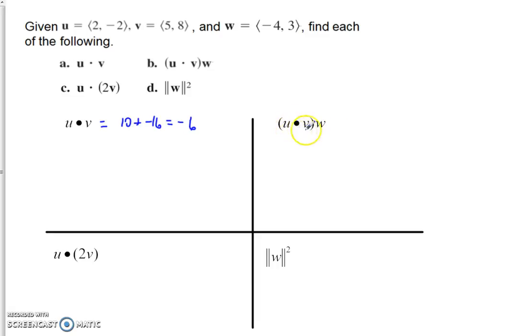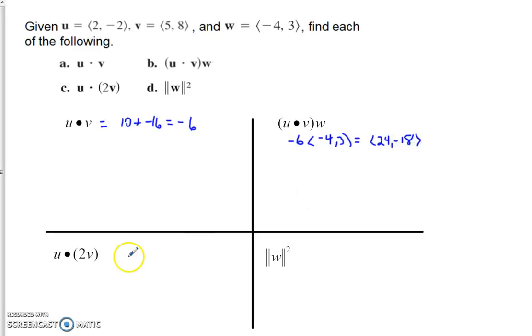Remember, this is going to give me a vector. So u dot v, which I already did, so let's just keep that. That's negative 6 times the vector w, which is negative 4, 3. And that's equal to 24 and negative 18.